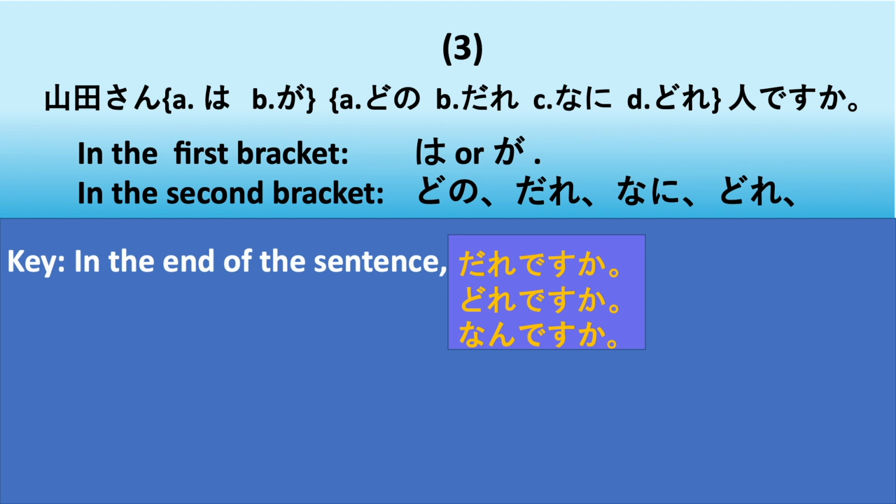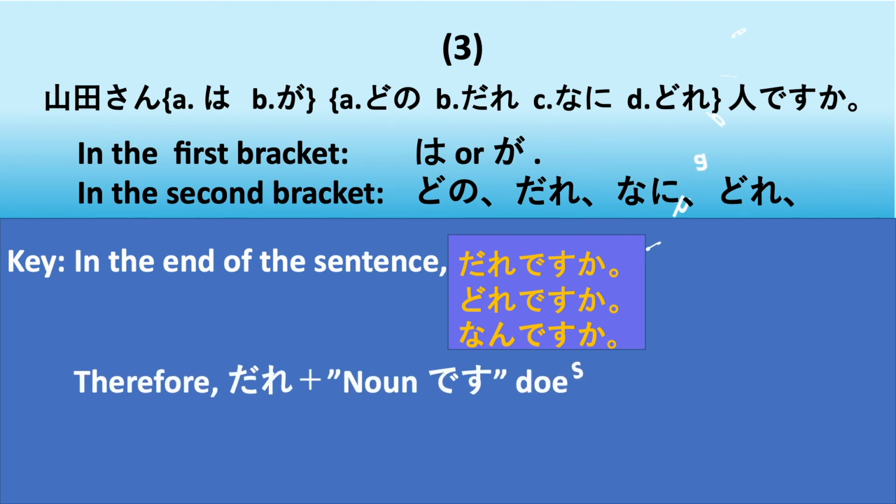The correct answer is どの because there's a noun, 人. どの人ですか. Okay?